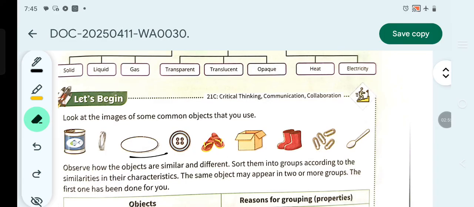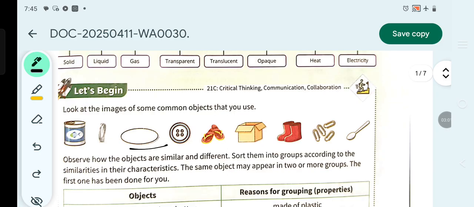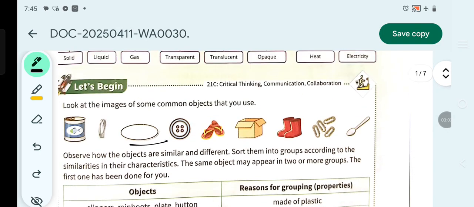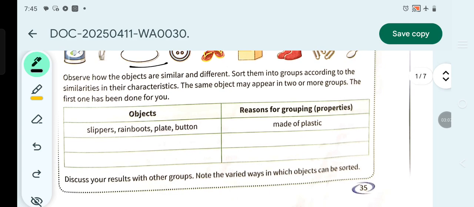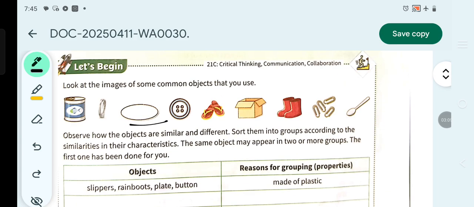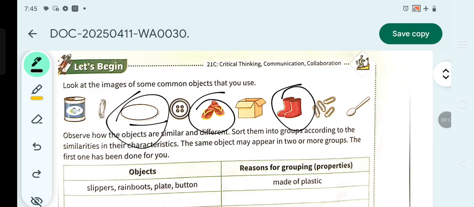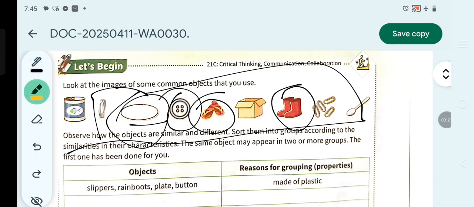So what we can do over here, see, we have to sort it. Here you can see how we can sort it. We can sort it based on the material they are made of. So slippers and rain boots, plate and button, all these four things are made up of plastic.